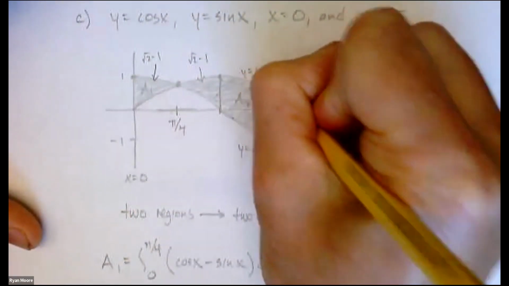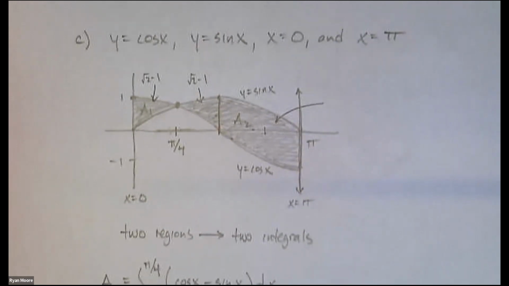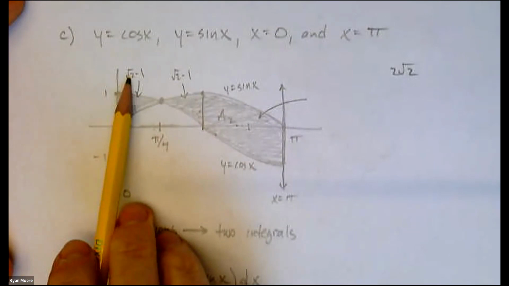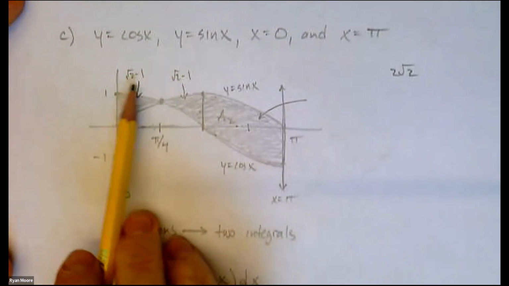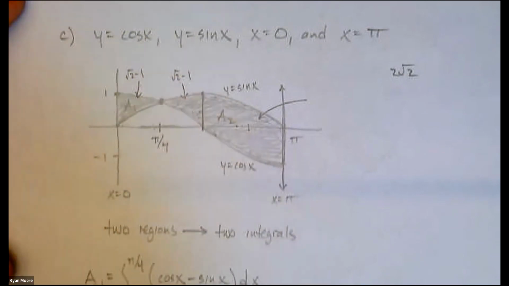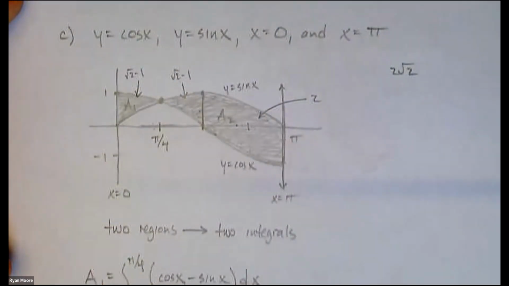What would the rest of that area be? Right, we had the total is 2 root 2 for the whole thing. So if everything is 2 root 2, and this is root 2 minus 1, root 2 minus 1, right? These two added together are 2 root 2 minus 2. This whole thing would have to be 2 in order to cancel out those minus 1s.